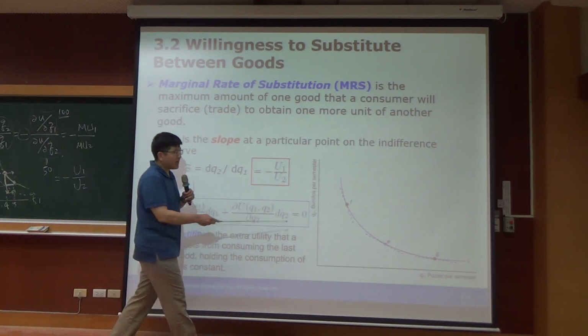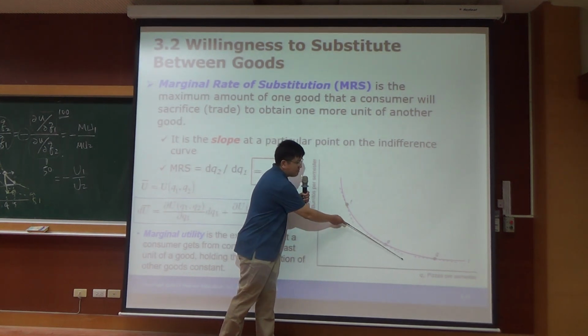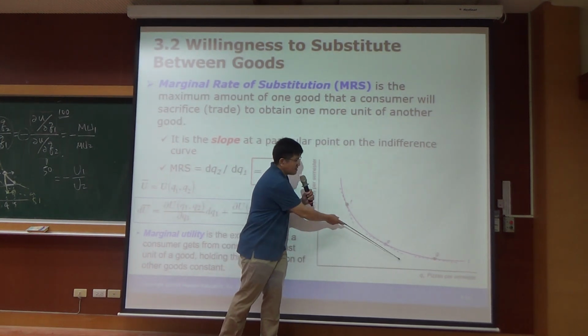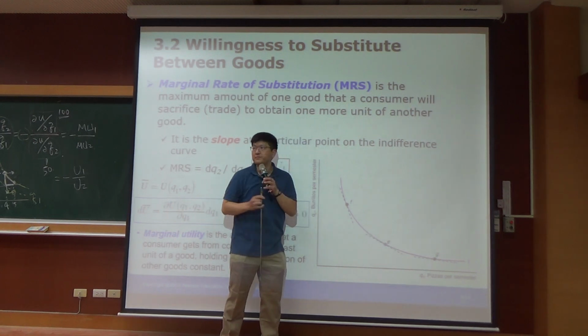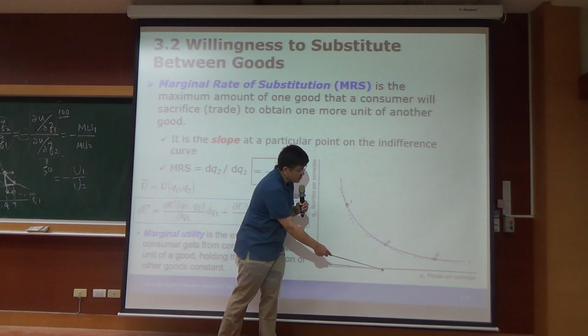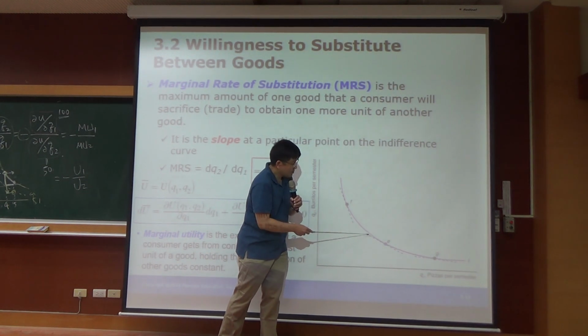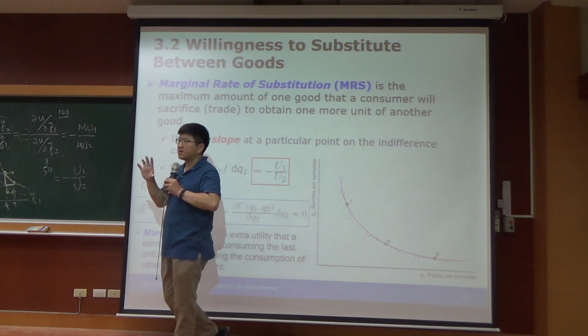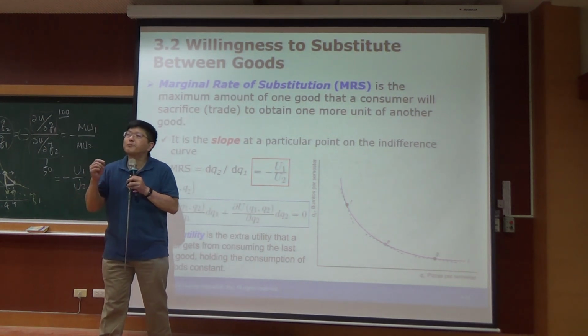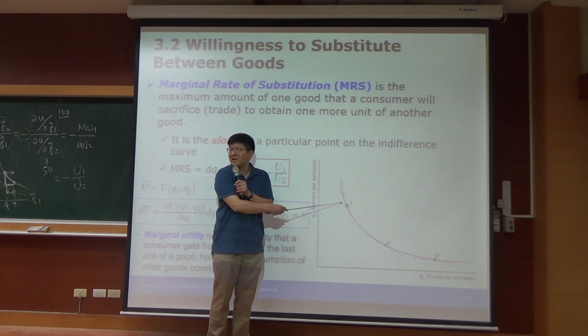Okay? And here in the middle, the marginal rate of substitution is right in the middle. So far I have already increased my consumption of pizza here. So the extent I would like to sacrifice would be less than the extent I would like to sacrifice here, right?